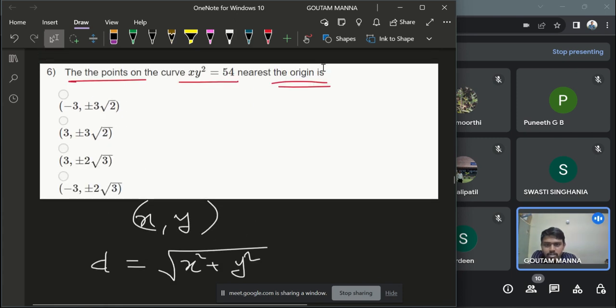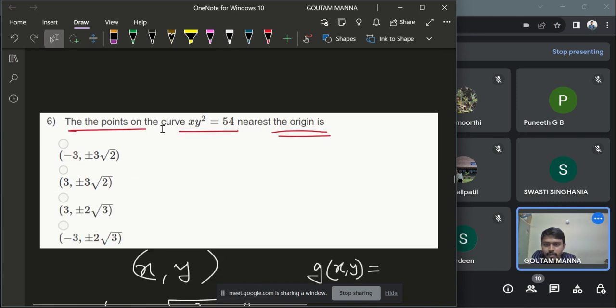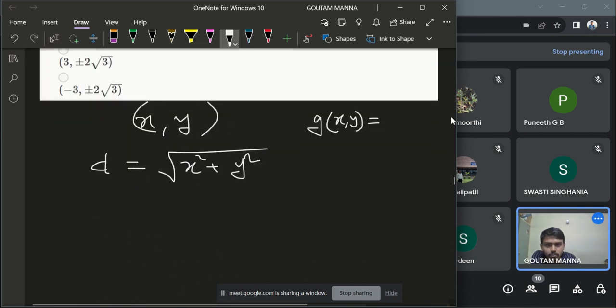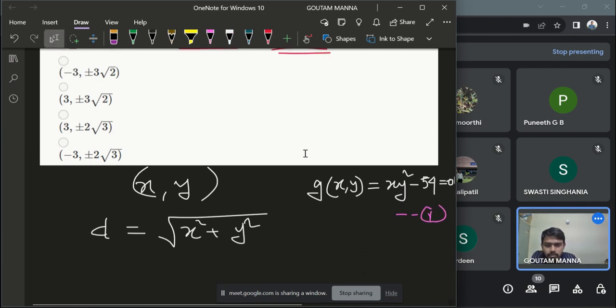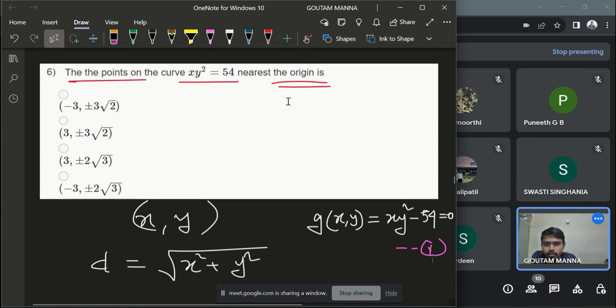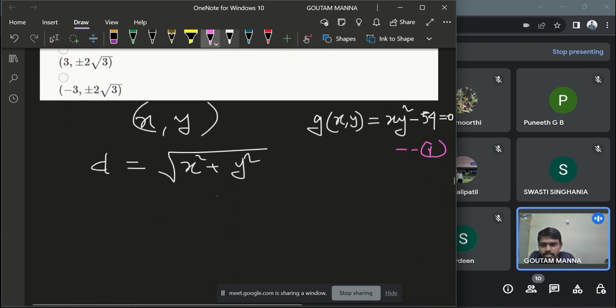We need to get nearest to the origin, while being on this curve xy square equals to 54, so the constraint is g of x, y, that will be xy square minus 54 equals to 0. This is the constraint. We call it equation 1. So being on this curve, we need to get closest to the origin. So we need to minimize d.